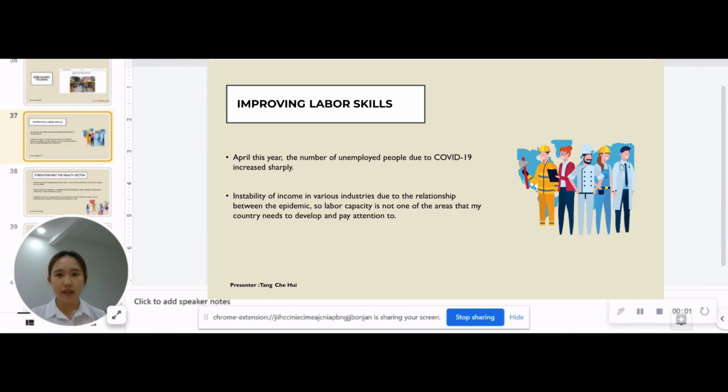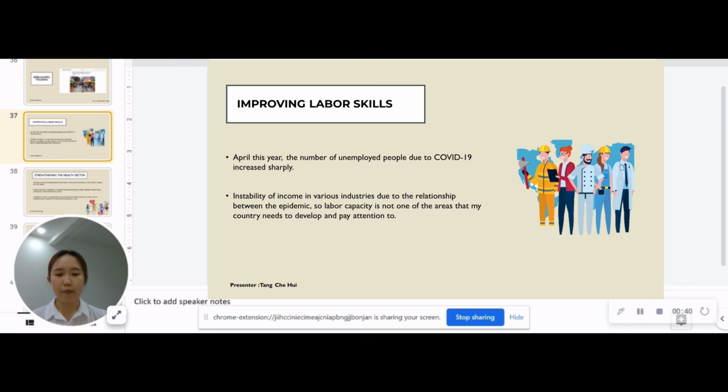So next is improving labor skills. As Prime Minister of Malaysia, the reason I am not paying more attention to improving labor skills in the next 5 years is that at the beginning of April this year, the number of unemployed people due to COVID-19 increased rapidly. Another reason is the instability of income in various industries due to the epidemic.